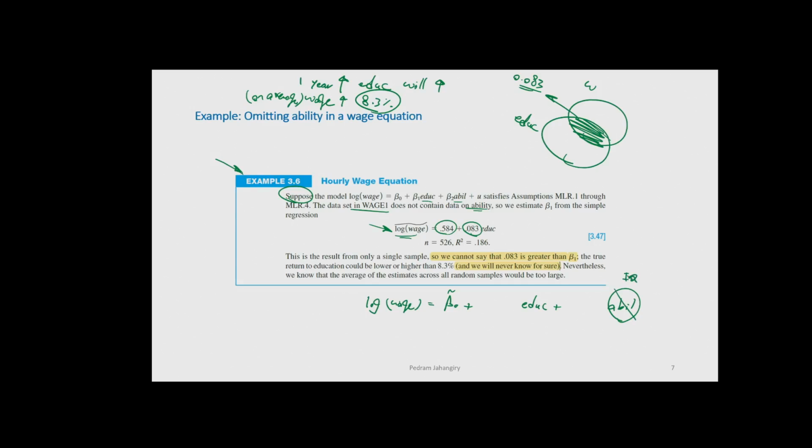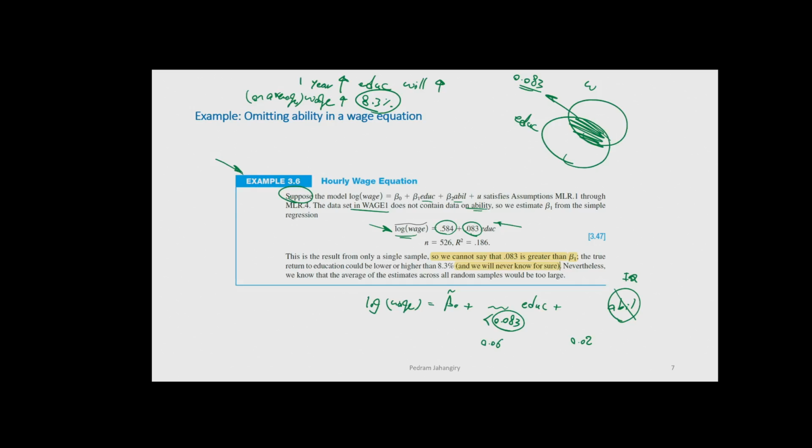I can collect information on IQ, so let's use IQ as a proxy for ability and add it to the model. Then on average, the number that you get here is going to be less than 0.083, because this is a total effect of education and ability. Maybe, and I'm just making up some numbers, 6% here, 2% there. They don't necessarily need to add up to 8.3 because this is for one sample. If I use another sample, the numbers are going to be different.